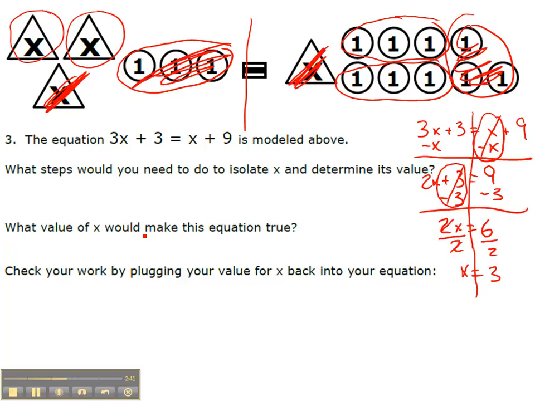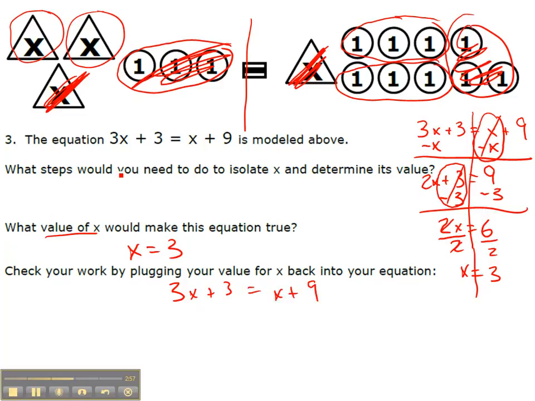So we answered this second question, what value of x would make the equation true? x equals 3. Actually, we don't know for sure until we plug it back in, substitute that value back in and check it. 3x plus 3 equals x plus 9.